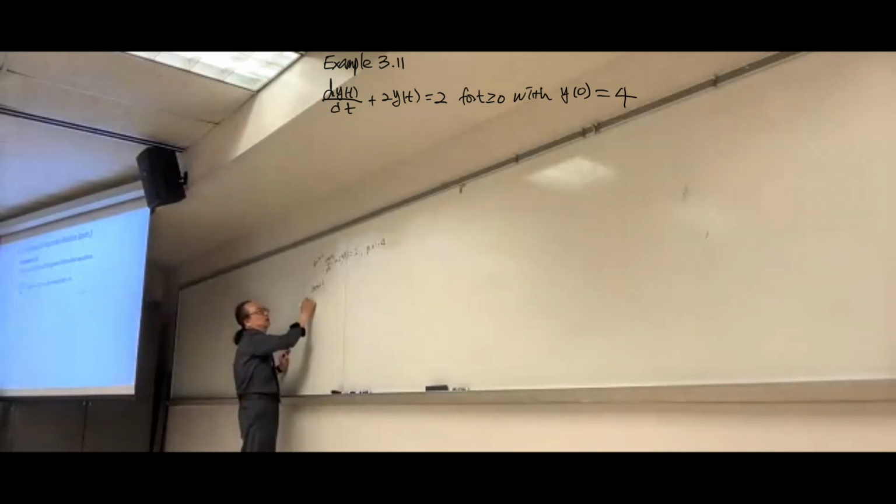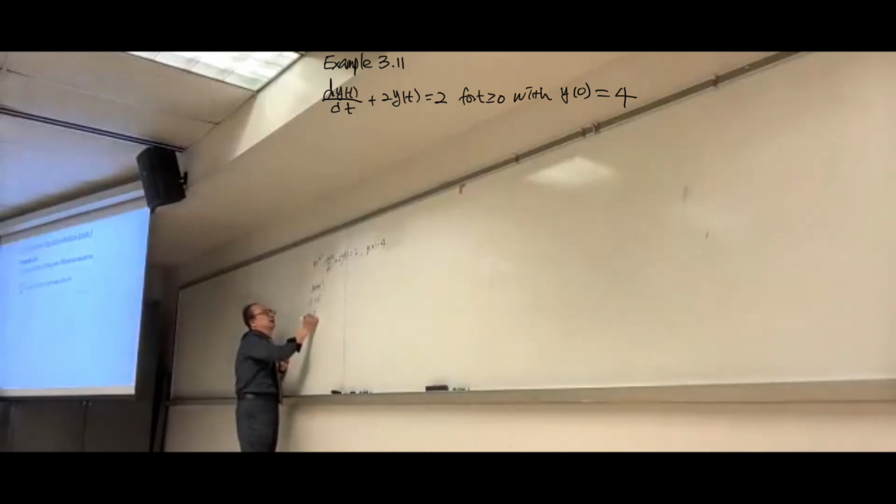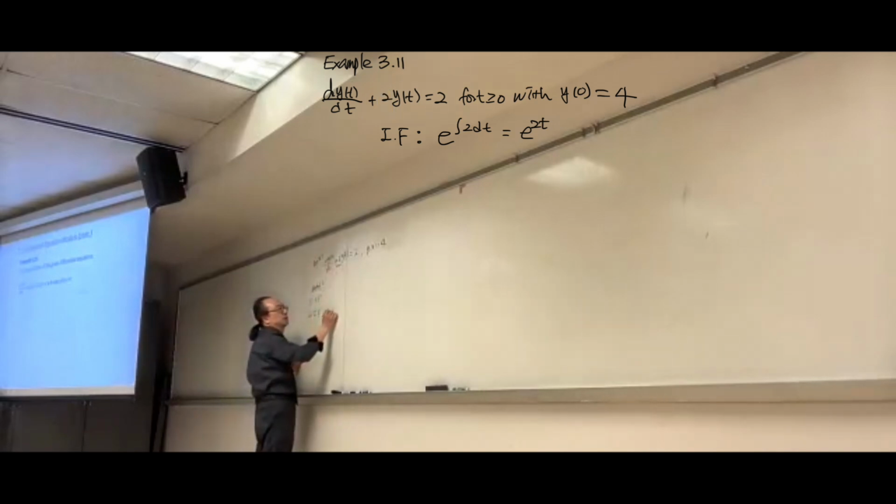Step number one, put it into standard form. And it is standard form. And then we need to find the integrating factor. That is this guy in front of y of t. So for the integrating factor, we do e to the integral of whatever is in front of y of t, which is p of t.